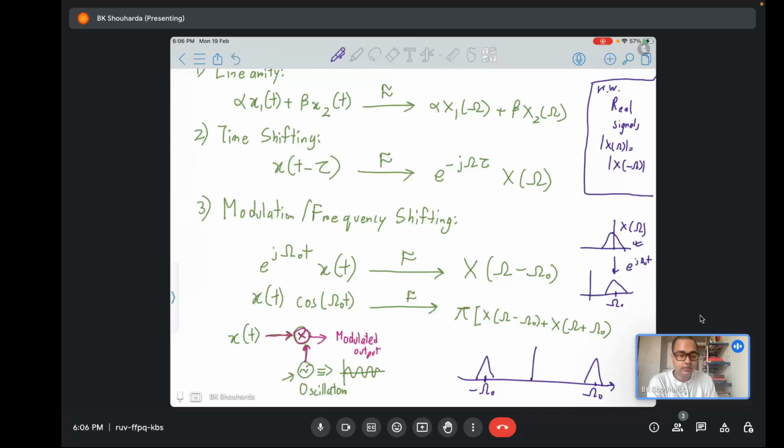It is symmetric around the vertical axis. So the hint to solve this is to consider the definition of a real number. The definition of a real number is that the number is equal to its conjugate. In other words, the imaginary part of the number is 0. Okay, very simple.